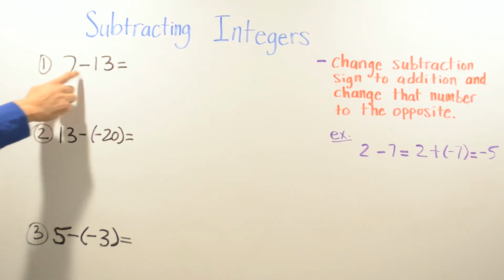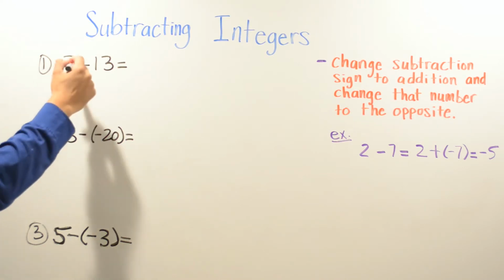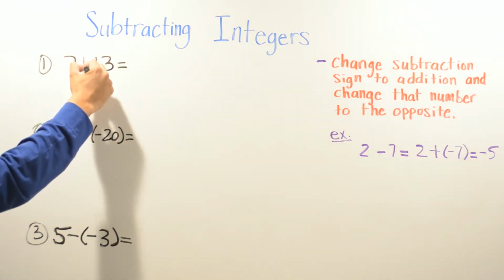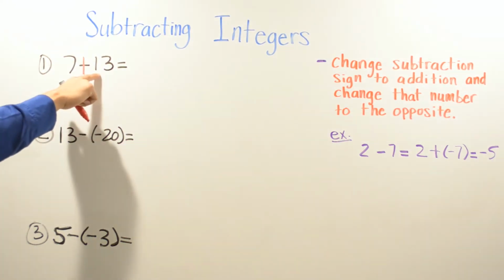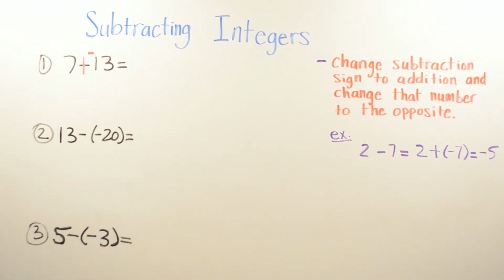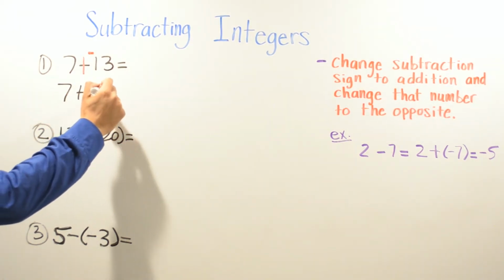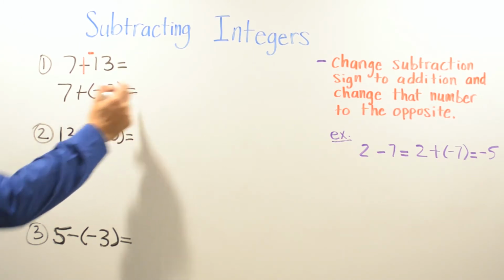So we have 7 minus 13. Based on the rule, we're going to change that negative into a positive, and then we switch the positive 13 to a negative. After we do that, we have 7 plus negative 13 equals.